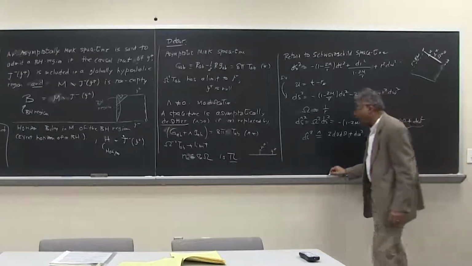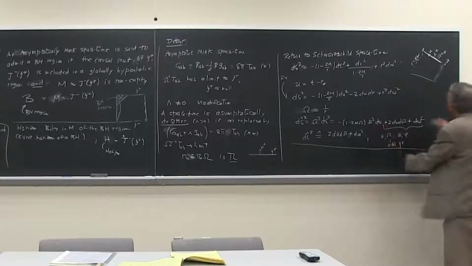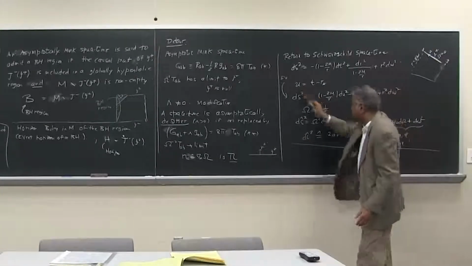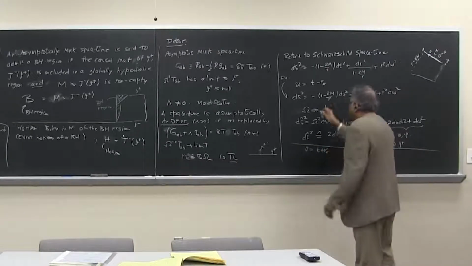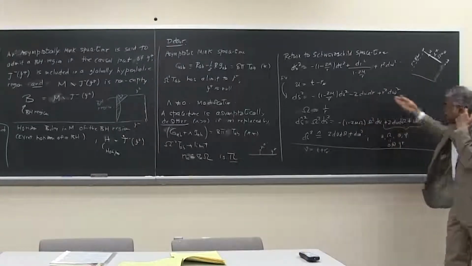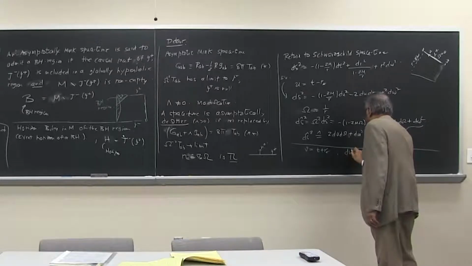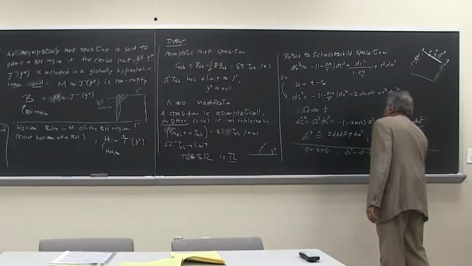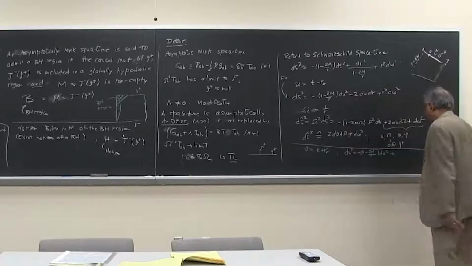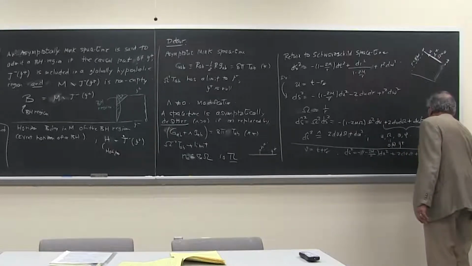Now I can do exactly the same thing to get scri minus. Instead of defining u, I define the advanced coordinate v, t plus r star, and then I again get a metric which I can write down. The metric ds squared will be equal to minus 1 minus 2m over r times dv squared, but now I get plus 2 dv dr plus r squared d omega squared.